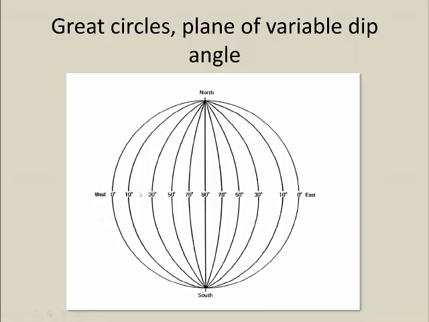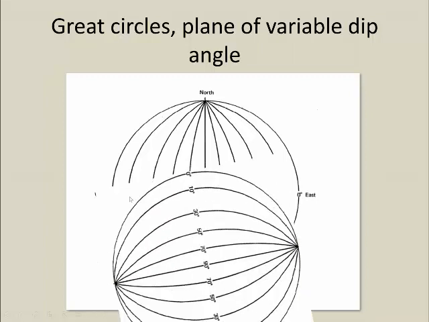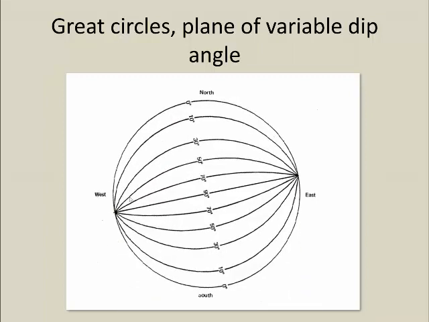So here we have a variety of north-south striking planes that either dip to the east or they dip to the west at various dip angles. Not all surfaces strike north-south. You might have here a selection of planes that strike from roughly 75 degrees here to values of 255 degrees, 180 degrees away.